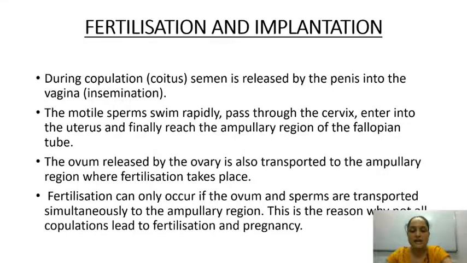The ovum is lying in the ampullary region and the sperm has to travel till that ovum, only then fertilization happens. This is the reason why not all copulation leads to fertilization and pregnancy. Many times the sperms are not able to reach the ovum, so fertilization doesn't happen and pregnancy doesn't happen.